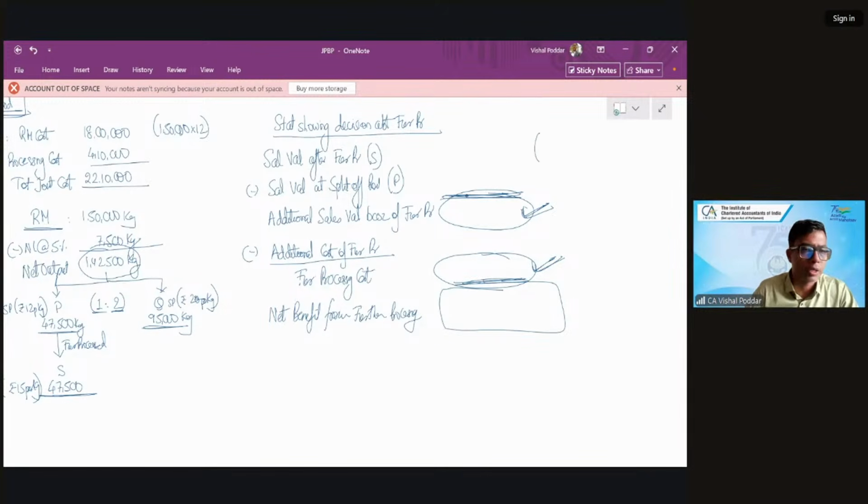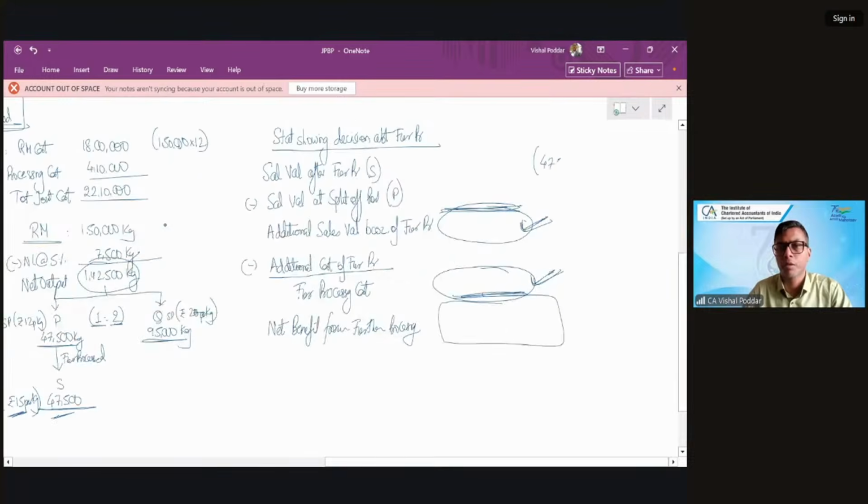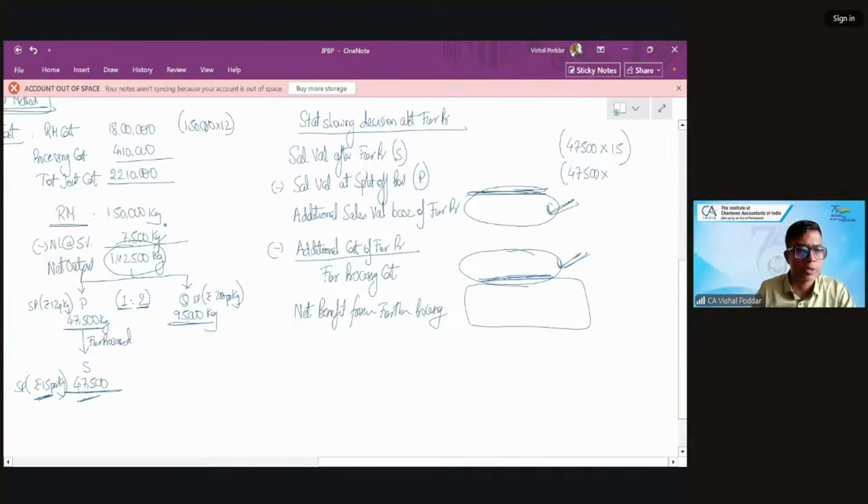Now, taking the figures, we have already collated all things here. Selling price of S is 15, quantity is 47,500. Similarly, of P, quantity is the same. Selling price of P is 12. So these are the sales values.